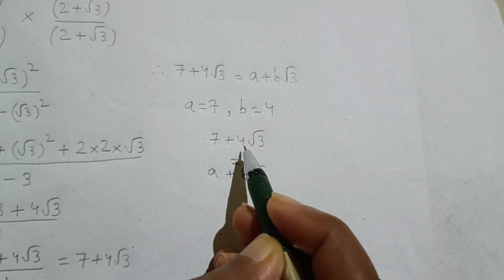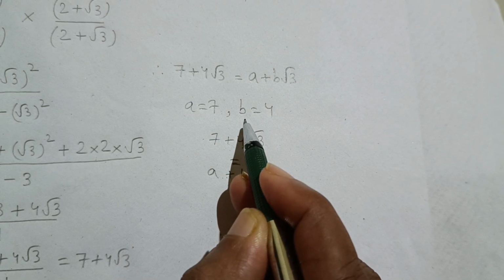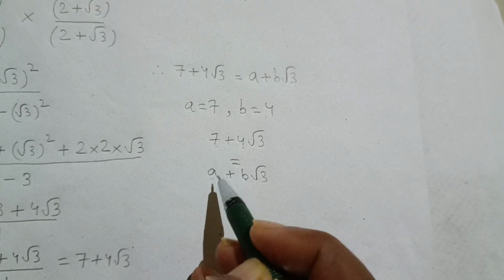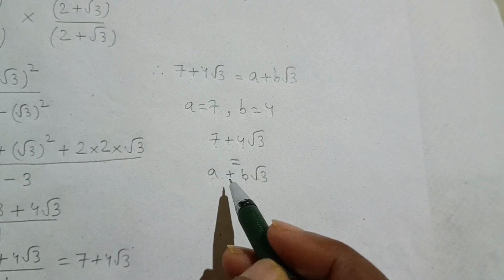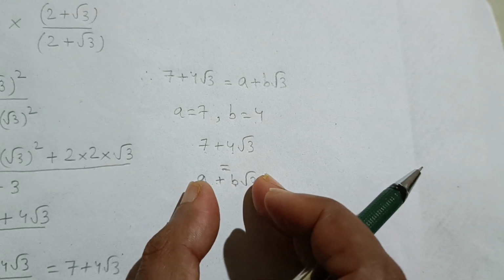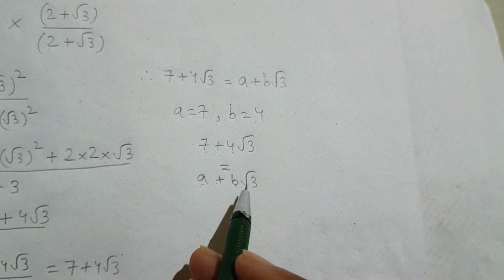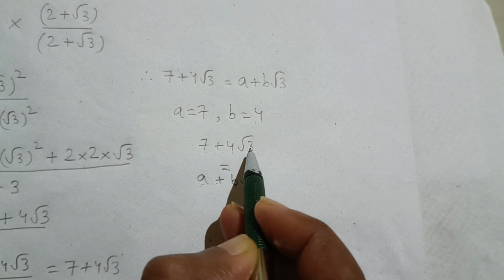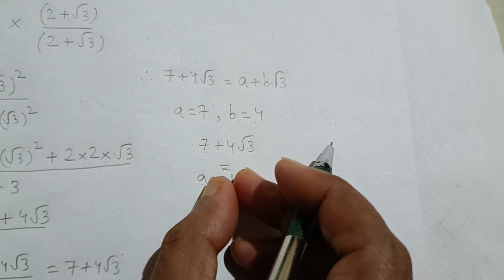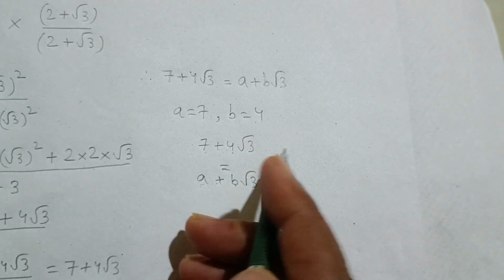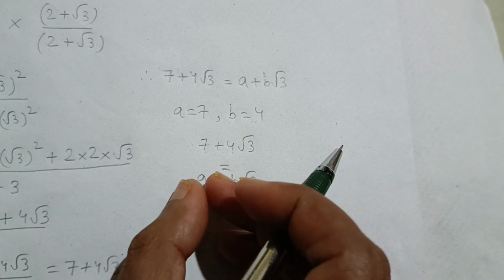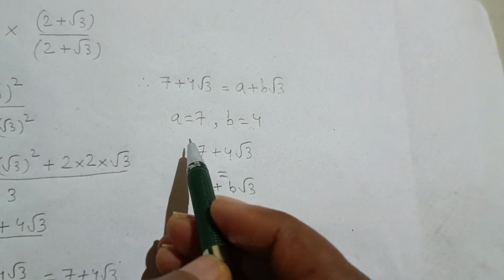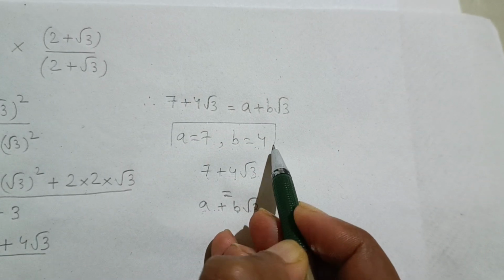Now this b will superimpose upon 4, so the value of b is 4. And this a will superimpose upon 7, so the value of a is 7. So that is how I got this.